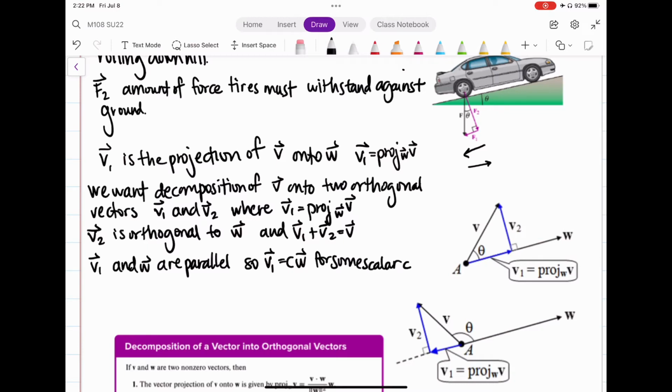In addition, vector v2 and vector w are orthogonal, and so their dot product must equal 0. That means that vector v2 dot vector w is equal to 0.